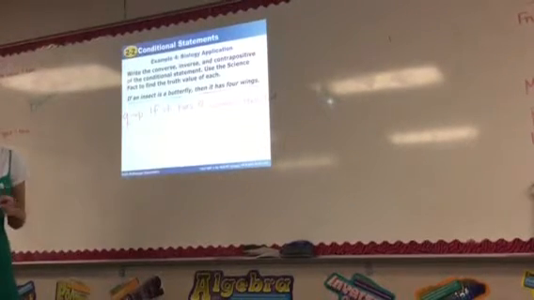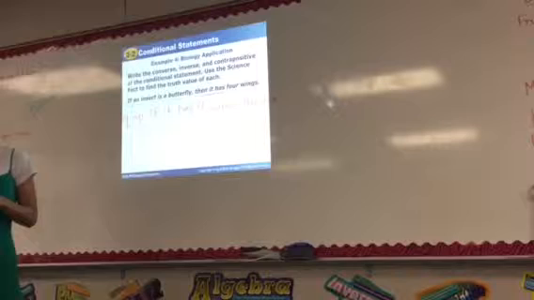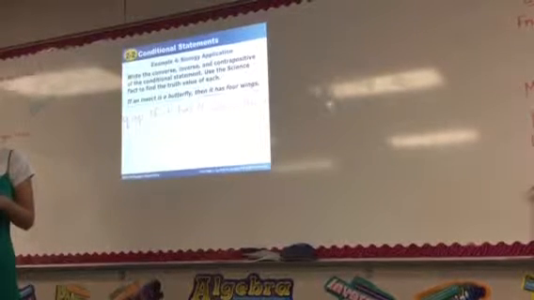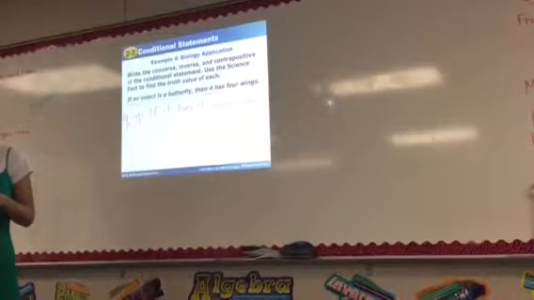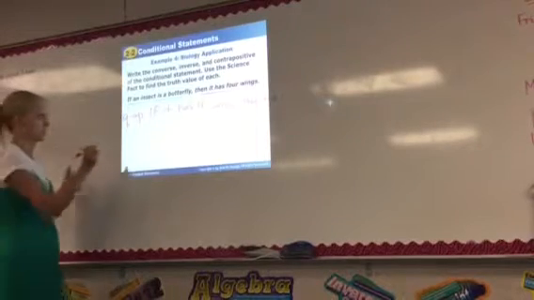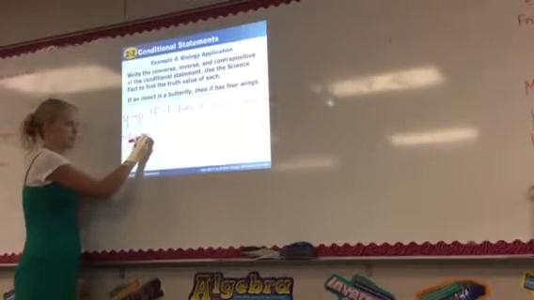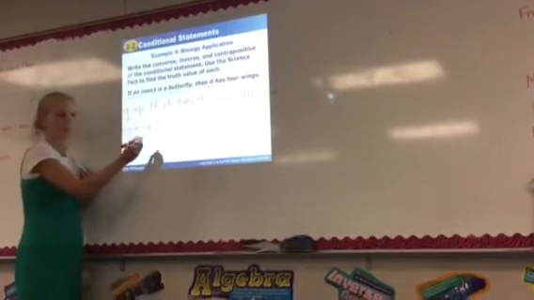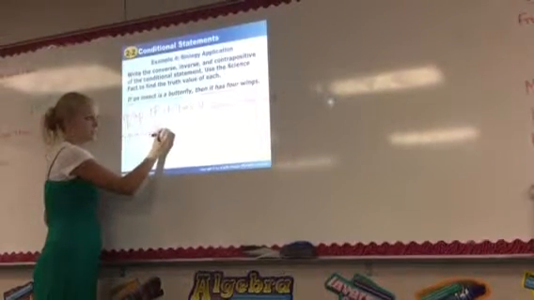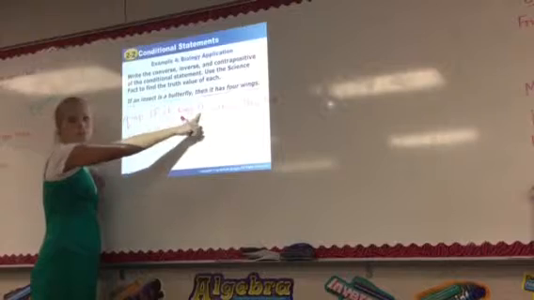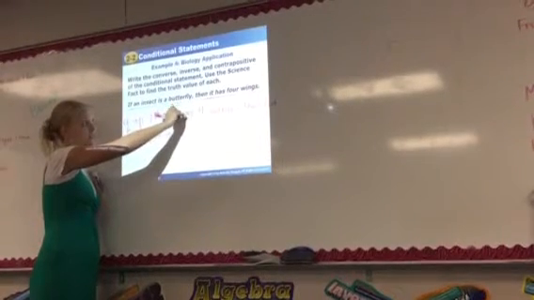Okay, then we need to do the inverse. And what does the inverse do to something, Rachel? Okay, do you have any idea what that would be then? What is not the inverse? What is not?